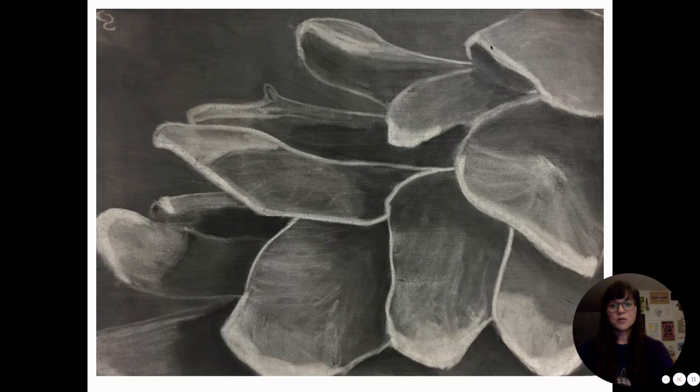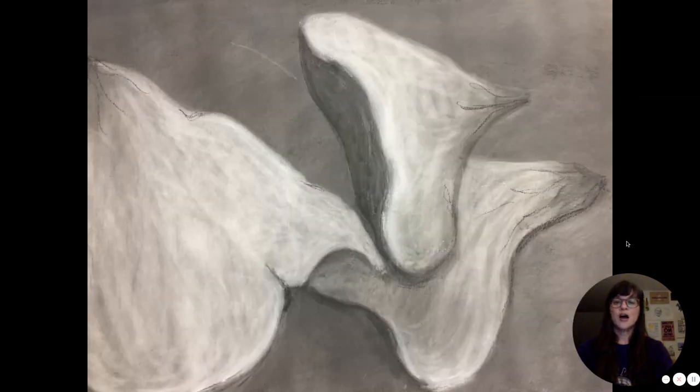So notice how these white lines are done in such a nice, beautiful, light and delicate way. It's because they started with an all-over tone of value and used their erasers to pull out the lights. So what you're looking for is where those light areas come in and how you can define them by just drawing with an eraser. So you're using the eraser as a drawing tool in this case.